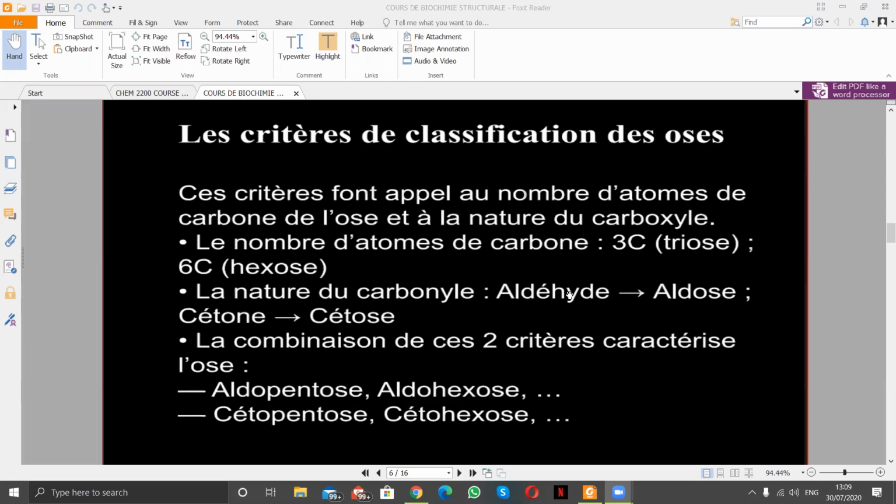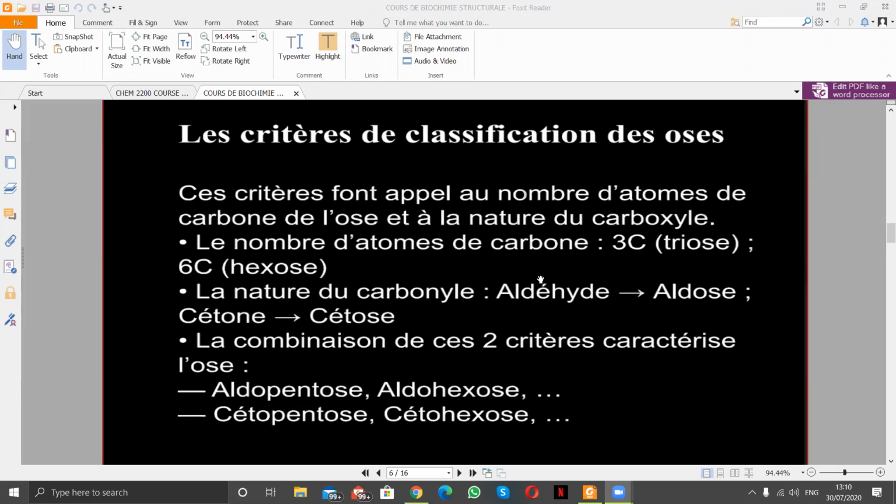Then when you add the meaning of monomers or the monosaccharides, I said monosaccharides are simply the basic units of carbohydrates, and they contain carbon, hydrogen, and oxygen.